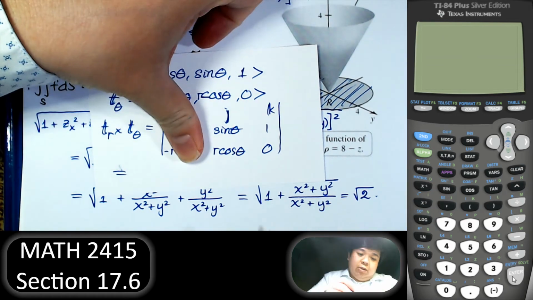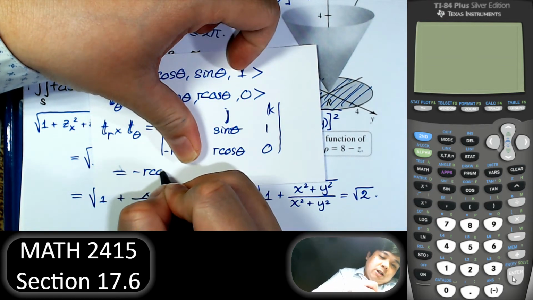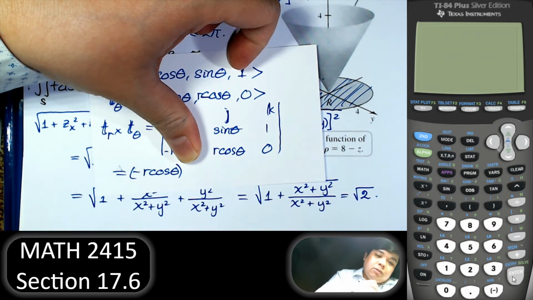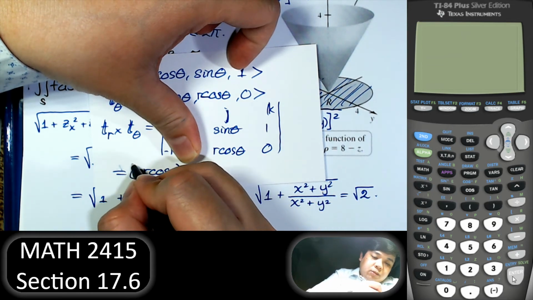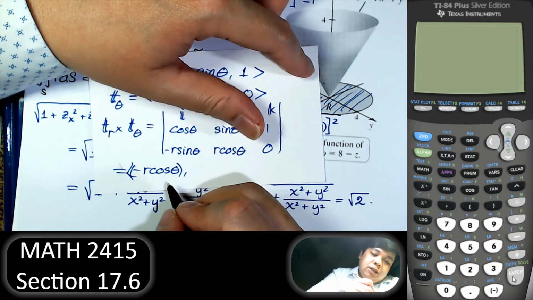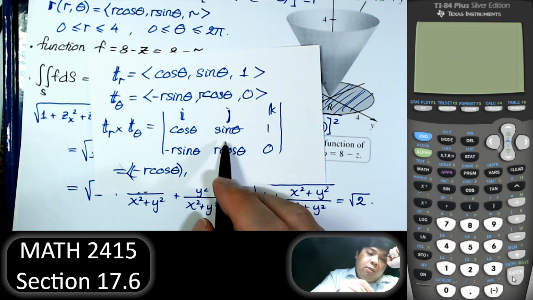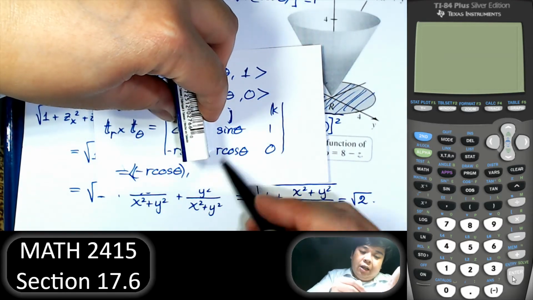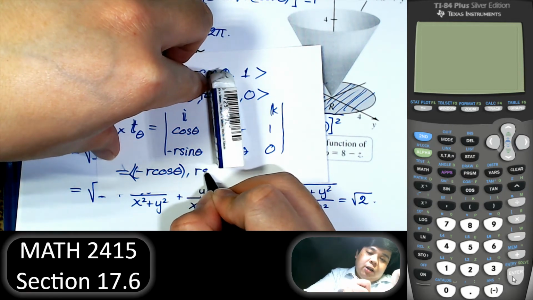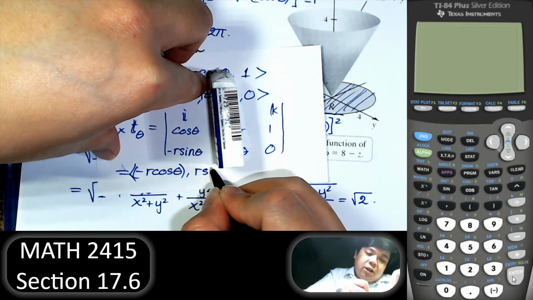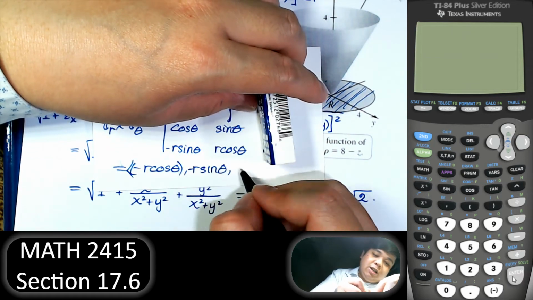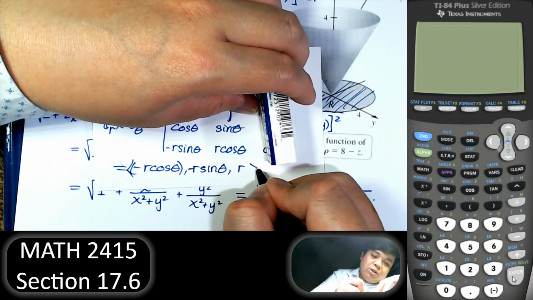So the cross product, the first one gives us negative r cosine, and negative r sine, and then the last one is r cosine square plus r sine square, so it's r.